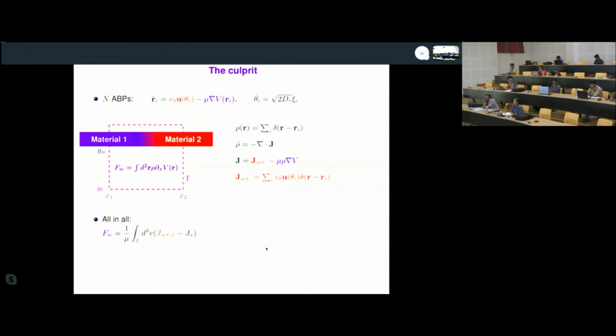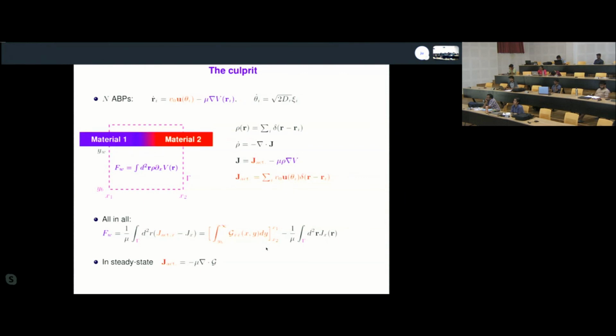Now, if you remember the previous part of my talk, J active is simply the mobility times the density of the active force, and the density of the active force is simply the divergence of the flux of active impulse. So when I compute the integral over an area of the divergence of the flux of active impulse, what I get, using Stokes' theorem, is simply the flux of active impulse through the boundaries.